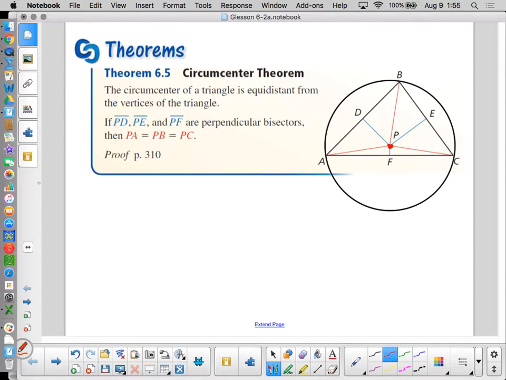Why does that work? Well, what did we know about any point on the perpendicular bisector? Every point on the perpendicular bisector was equidistant from the endpoints of the segment being bisected.